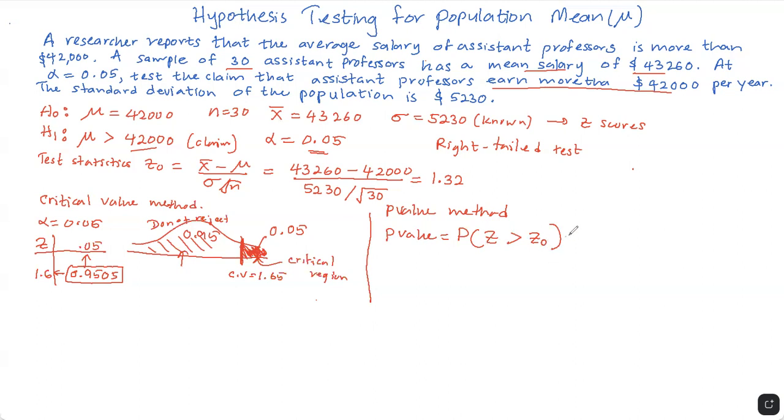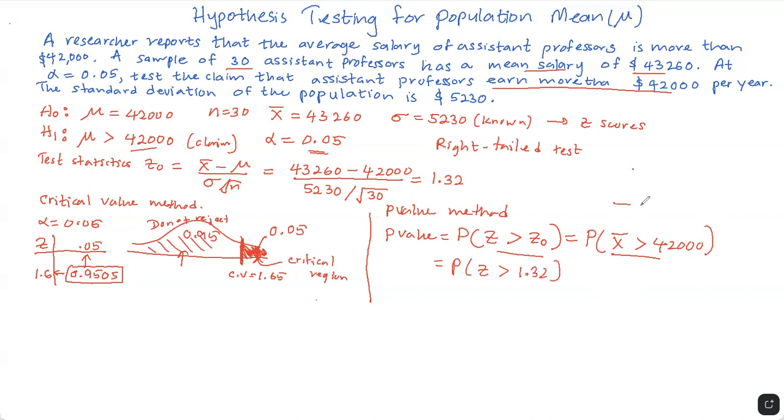This is exactly the same as the probability of the sample statistic x bar greater than 42,000. So these two probabilities are equal. So we are looking at the extreme cases when the null hypothesis is true. So let's calculate this value. Z greater than the z naught value, which is 1.32.